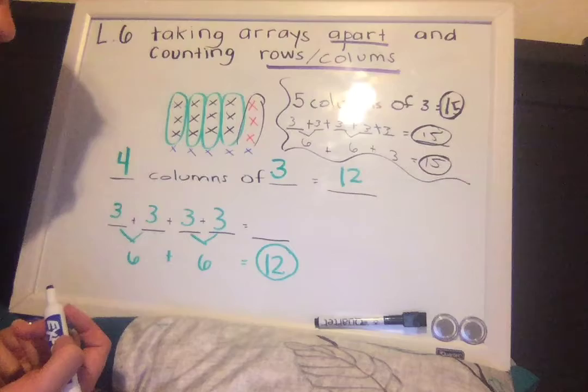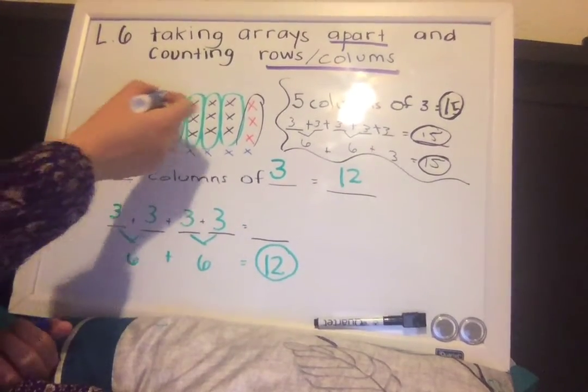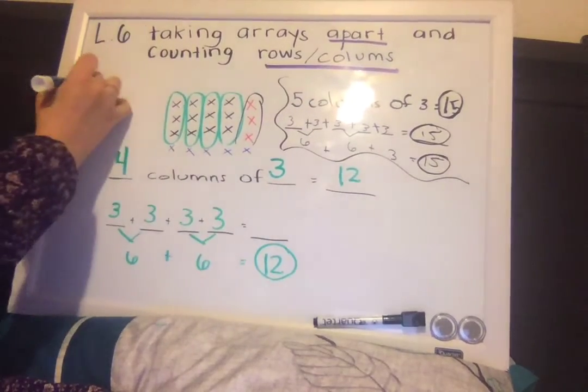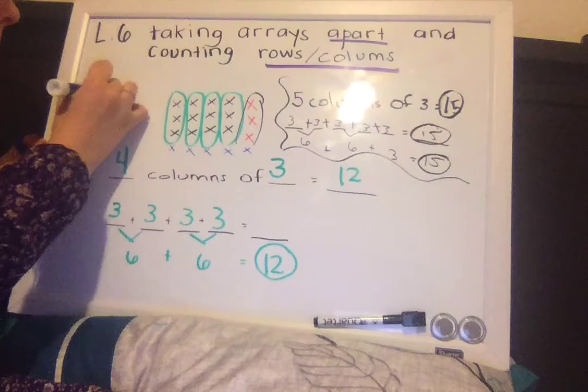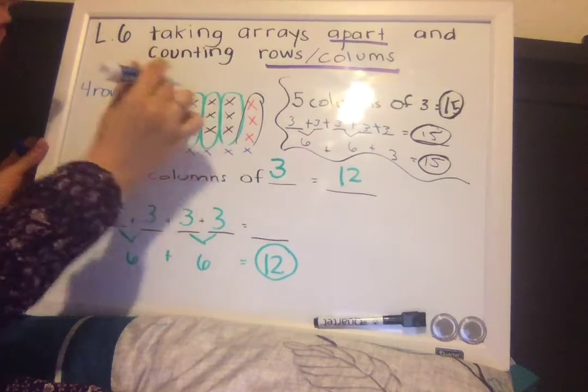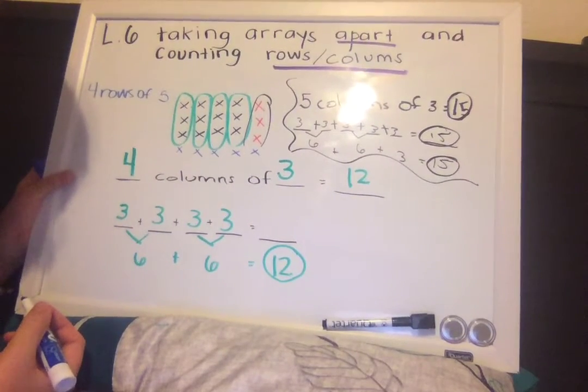Well, now, and it's asking for rows, now I have 1, 2, 3, 4 rows of 5 X's. Okay?